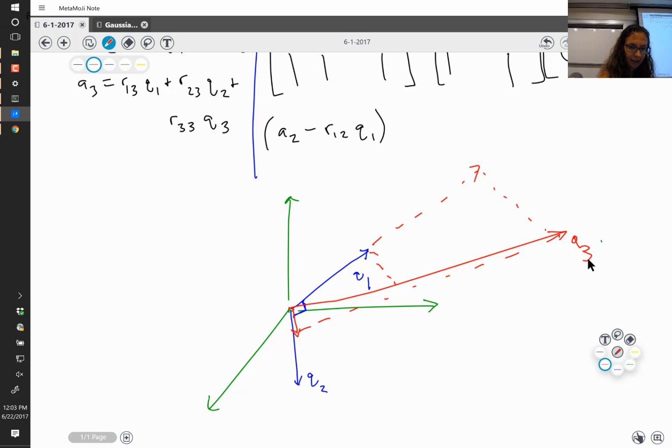I'll do these in black. So we have the Q1 part of A3 and the Q2 part of A3, but that probably doesn't capture all of A3, and so whatever's left is going to be the Q3 part of A3. So we would do A3 minus Q1 times a scalar that gets this direction, minus Q2 times a scalar that gets this direction, and then what we're left with is Q3 once we normalize it.